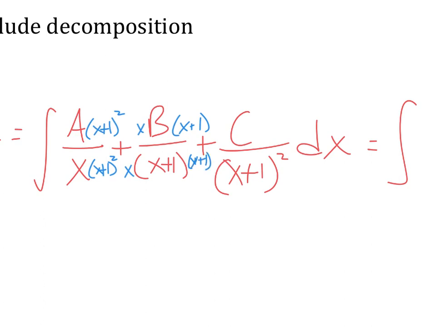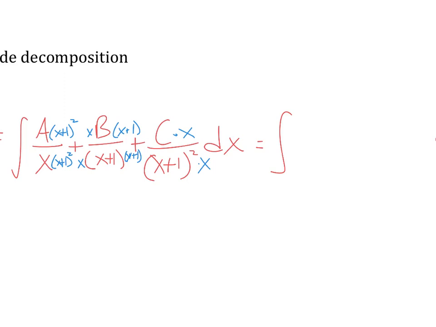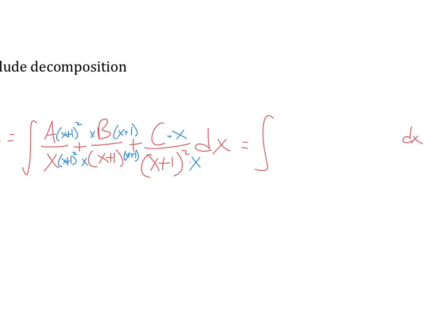And over here, what do we need? We have x plus 1 squared. We need an x. So we're getting a common denominator there. When we add this all together, let's see what we get. The denominator is going to be x times x plus 1 squared. The numerator is going to be A times x plus 1 squared plus B times x plus 1 plus Cx.